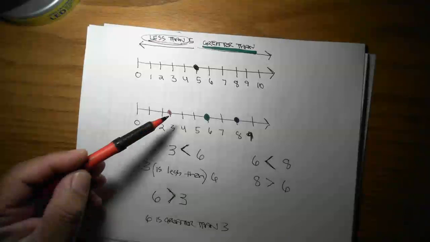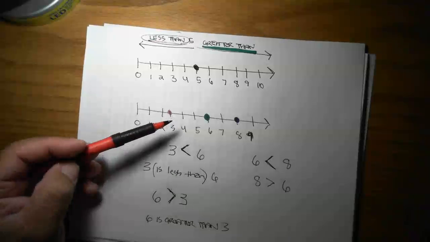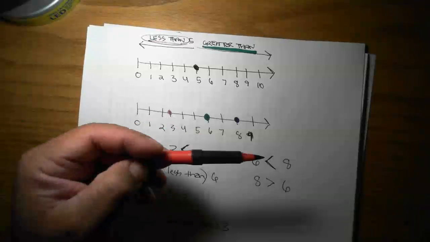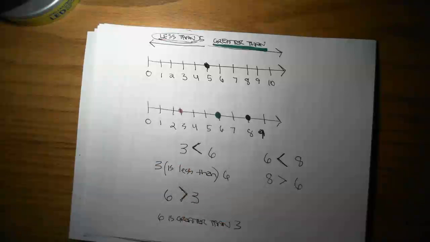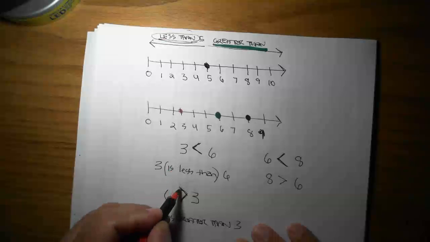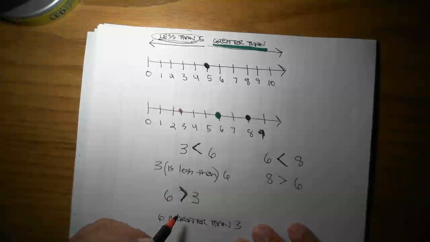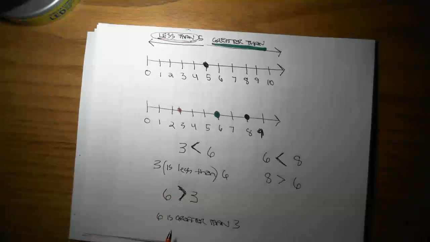Well, because if we look at a number line, numbers are greater when they're to the right of a given number. So that arrow pointing toward the right means that the numbers are getting larger, they're getting bigger, they're greater than those numbers that are toward the left. Okay? That's why we use an arrowhead pointing toward the left for less than. Okay? So I could write 6 is greater than 3, or I could say 6 and use the symbol that says the same thing, is greater than 3.